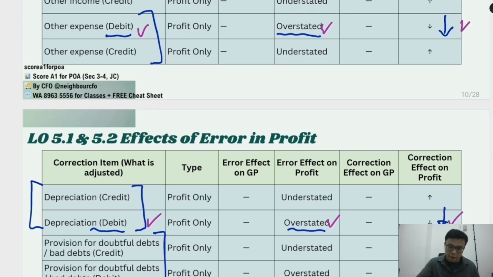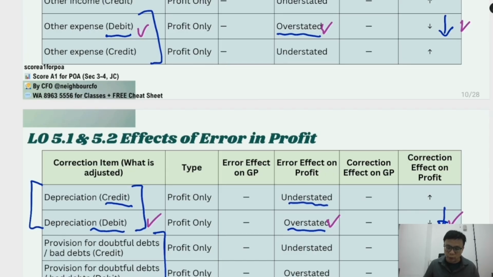Same thing, if we are looking at the vice versa adjustment, in this instance, instead of debit, we need to credit as part of correction. That is really primarily because on start, the profit is understated.